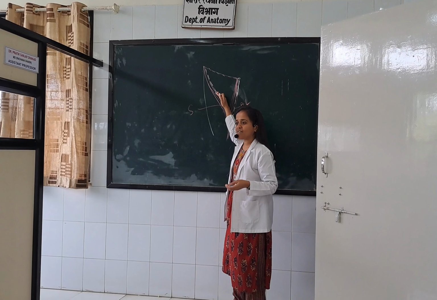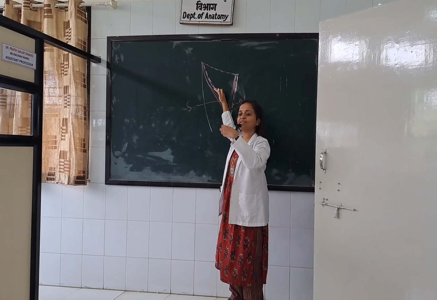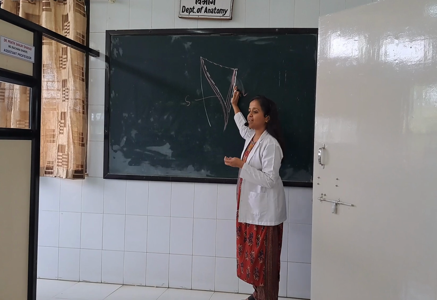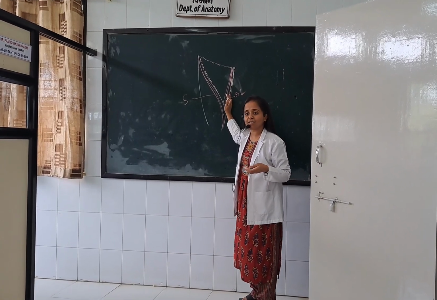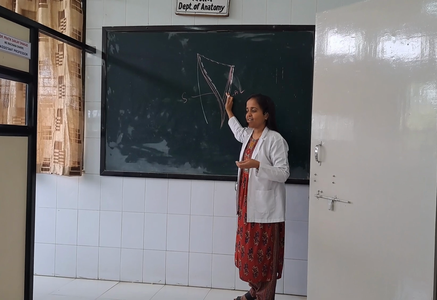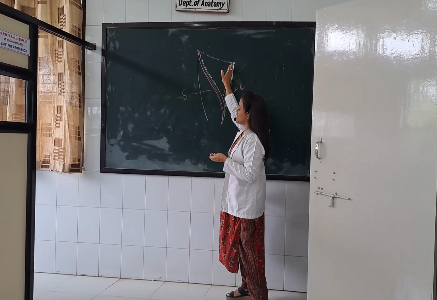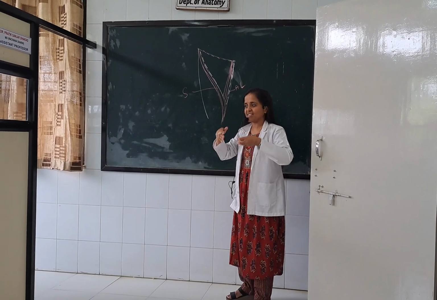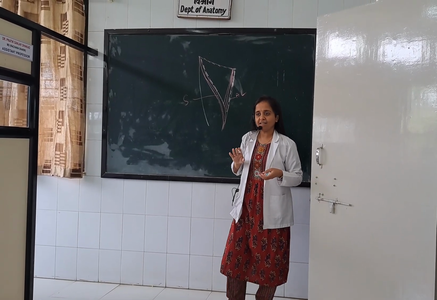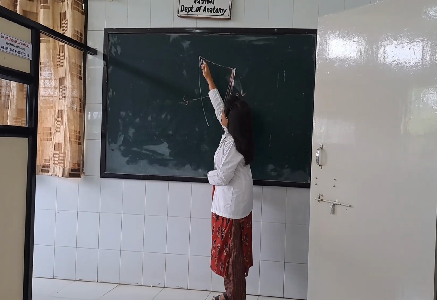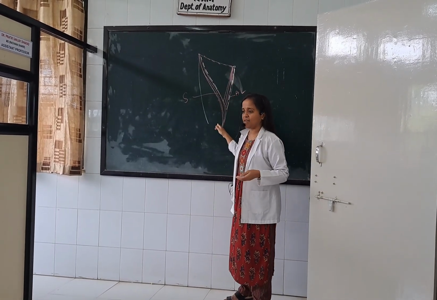So the medial border of the sartorius forms the lateral boundary of the femoral triangle, as well as the medial border of the adductor longus muscle forms the medial border of the femoral triangle. That means this particular adductor longus is a part of the femoral triangle. So it is included inside the femoral triangle, right? So these are the base, the lateral border and the medial border.